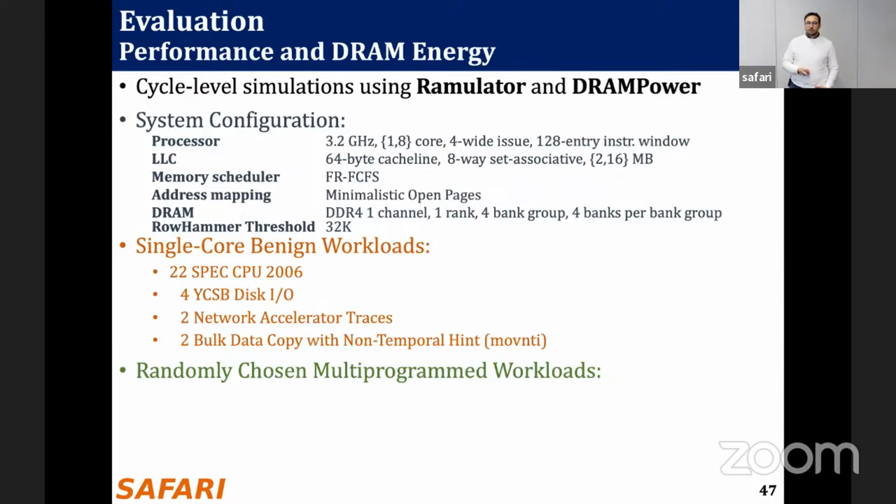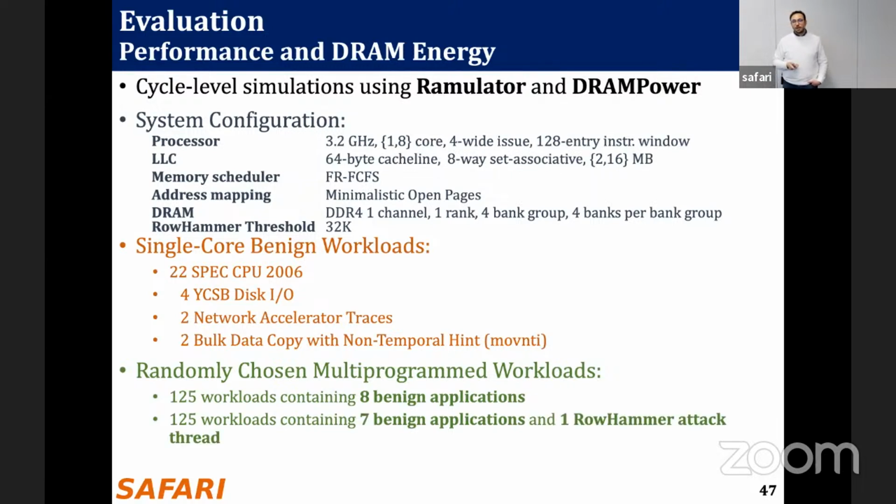And we also randomly choose multi-program workloads out of these benchmark suites and come up with 125 workloads, each of which contains 8 benign applications running concurrently, and another 125 workloads, each of which contains 7 benign applications and 1 RowHammer attack.